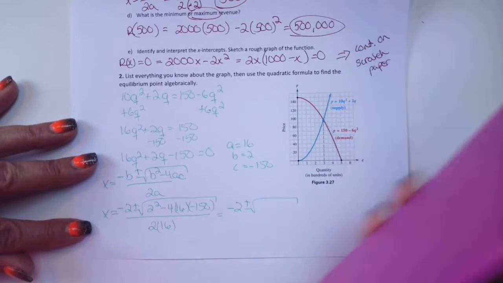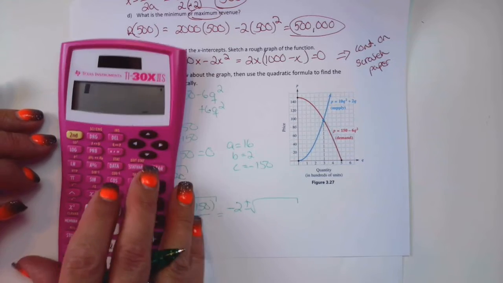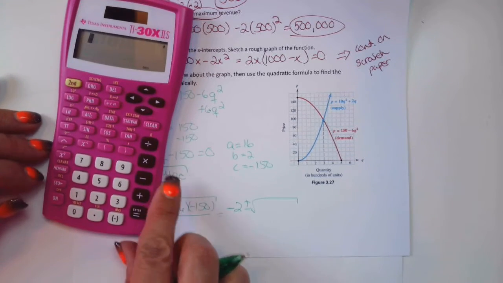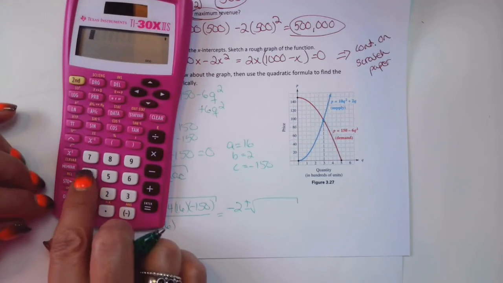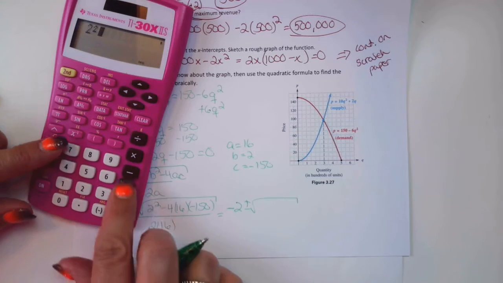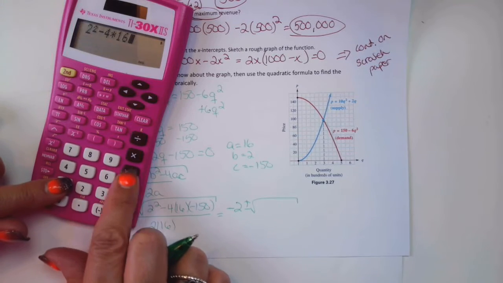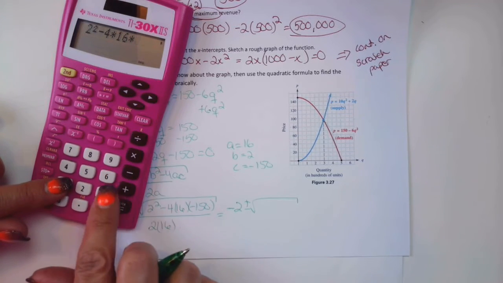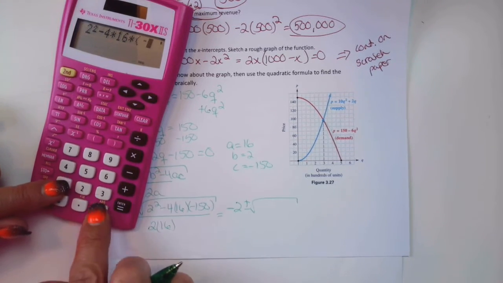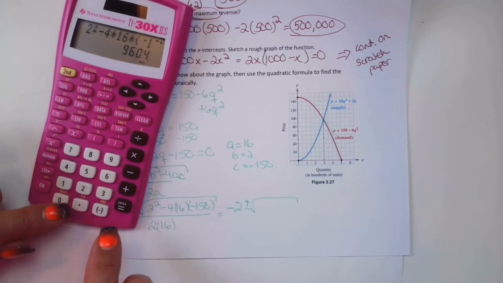So what am I doing? 2 squared minus 4 times 16 times negative 150, and hit the equal.